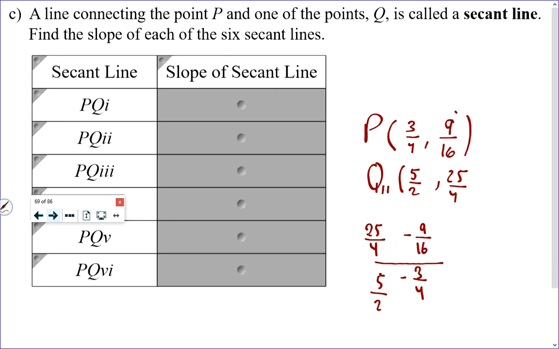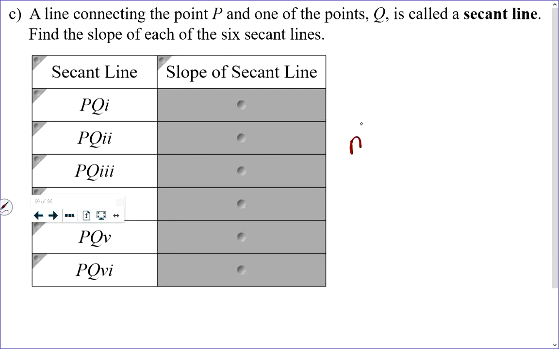So what I'm saying is, why don't we say that the slope of the secant line is equal to the y-coordinate on the function minus 9/16 over the x-coordinate on the function minus 3/4. Are you with me? We've come up with a general formula, and we're going to make it even more useful.